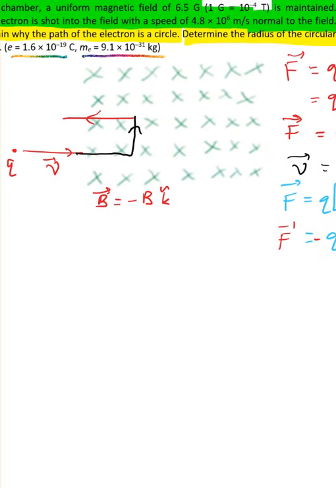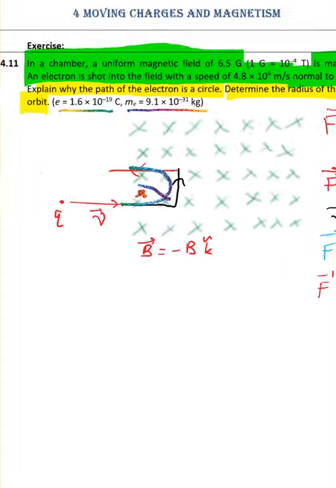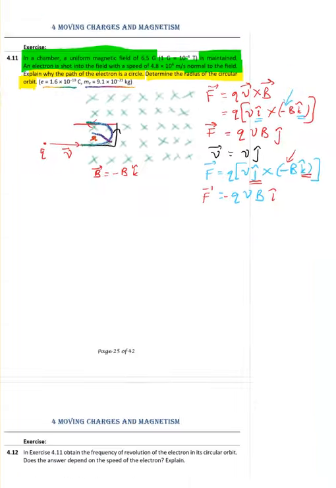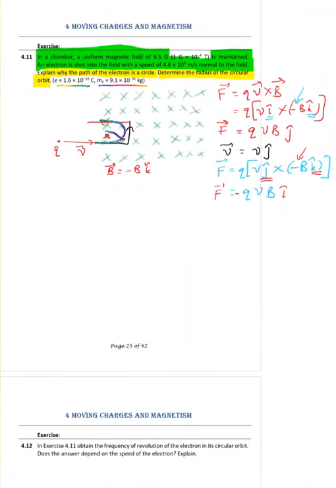Now actually this is not a square path as shown here, because force is continuously acting, and so the path will be continuously changing, and it will trace a circular path of some radius r. So this is the reason why, when a charged particle enters a magnetic field perpendicularly, the path traced by the particle is circular. And how do we find out the radius or frequency for this phenomenon?